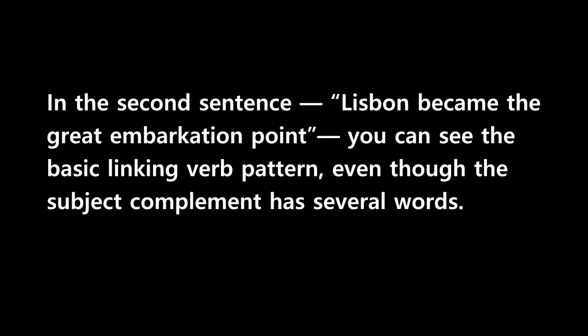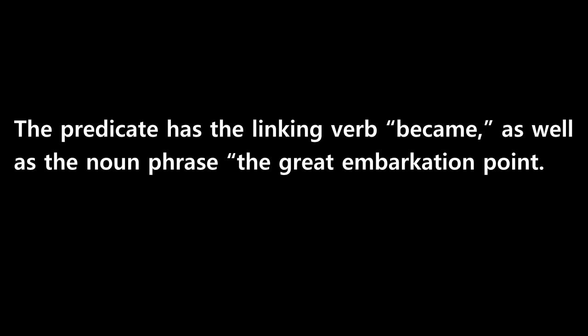In the second sentence, Lisbon became the great embarkation point. You can see the basic linking verb pattern, even though the subject complement has several words. Lisbon is the subject of the sentence. The predicate has the linking verb became, as well as the noun phrase, the great embarkation point.